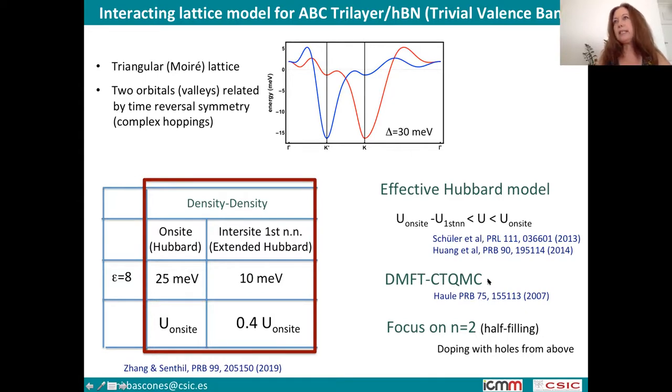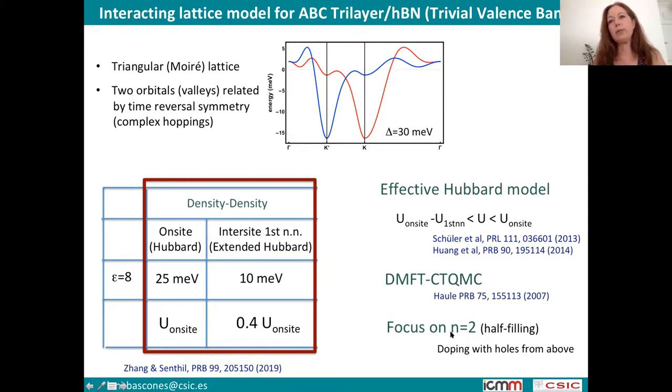I'm going to study this system with dynamical mean field theory as implemented in the Rutgers code. This technique has been widely used in Mott systems, including cuprates, iron superconductors, or many oxides.